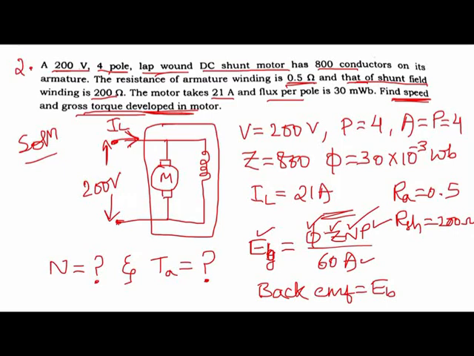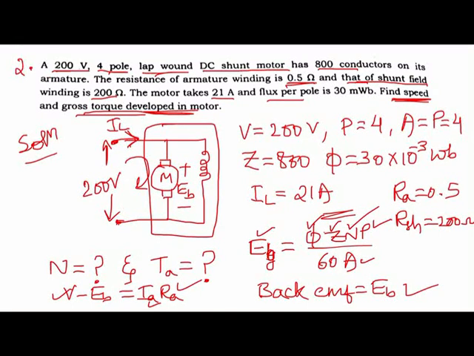To calculate the back EMF, let us apply KVL. Upon applying KVL, we get V minus EB equal to IA RA. V is given, RA is given, but IA is unknown.